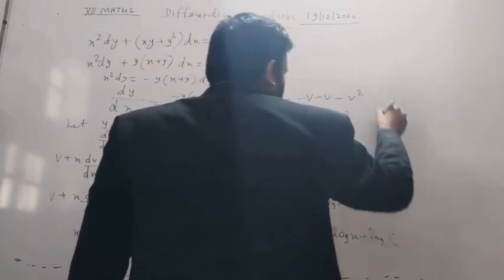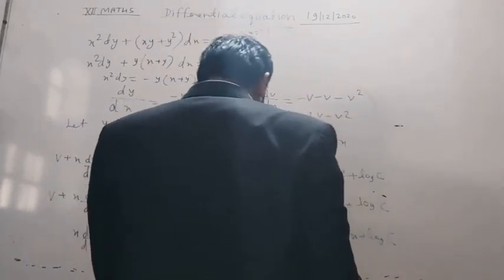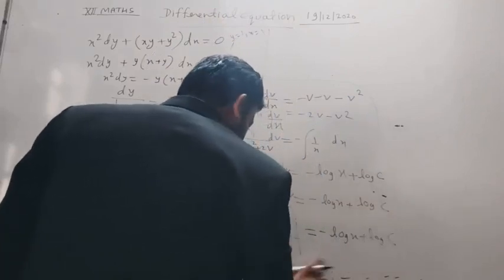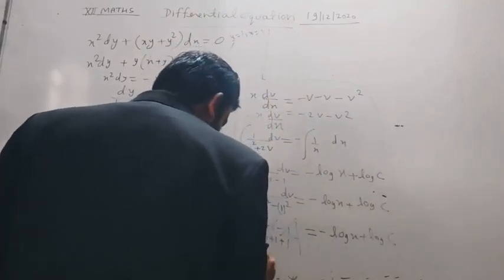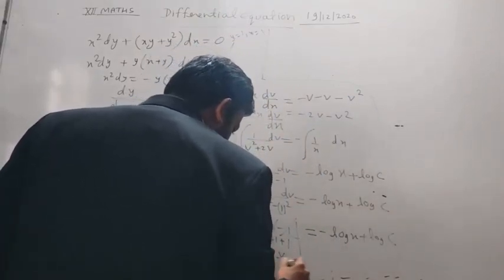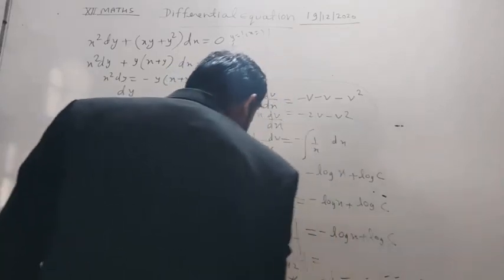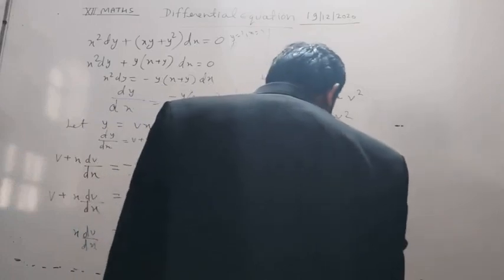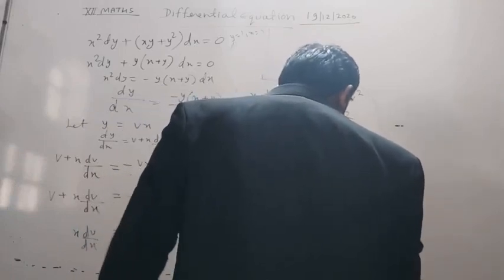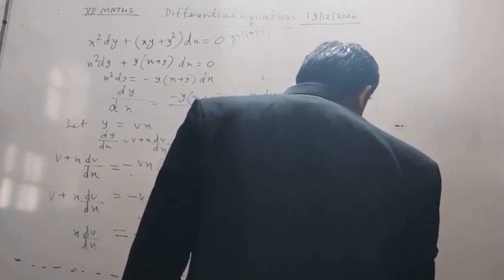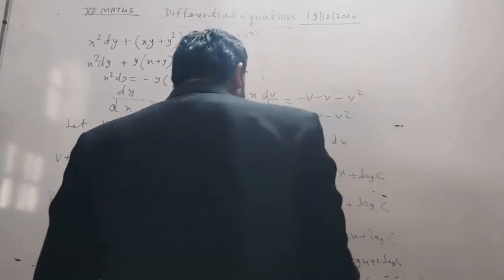Now again we are solving it. We are getting 1 by 2 log b by b plus 2, and send this 2 to the right hand side, minus 2 log x plus 2 log c.